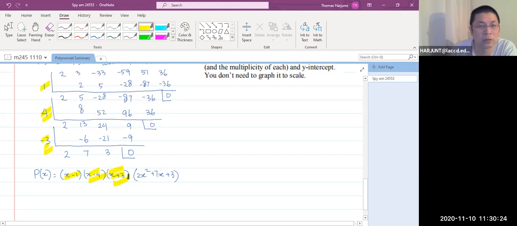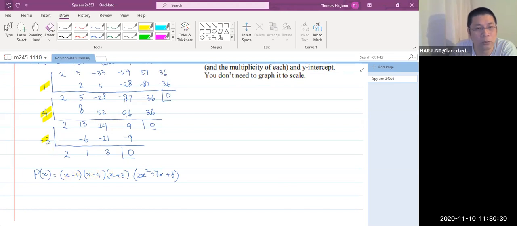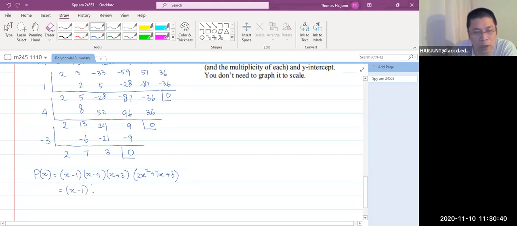Right? Okay. Now, Thomas, why don't you go on with that 2x squared plus 7x plus 3? You can go on if you want to. The way I see, it's already quadratic, right? So I can go on maybe by factoring. If I cannot do it by factoring, then I can do it by completing the square or quadratic formula. Okay, but this one I think is easy to factor.